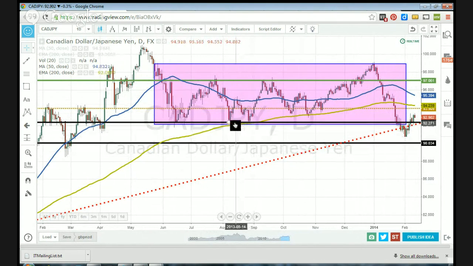I still think this support level is pretty legitimate. So we'll see. Moving averages are tilted down. That's the reason to not enter long at least. Maybe at this point I'm still not 100% convinced of this. The reason to not enter a long position is the moving average is sloping down.